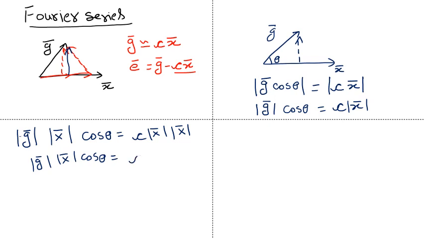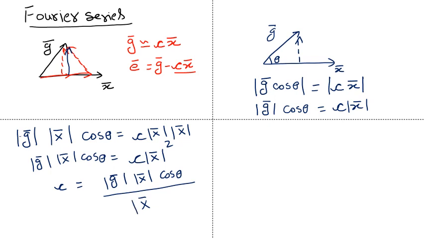So this is equal to c x square. From here you can say that c will be equal to mod of g into mod of x into cos theta divided by mod of x square.